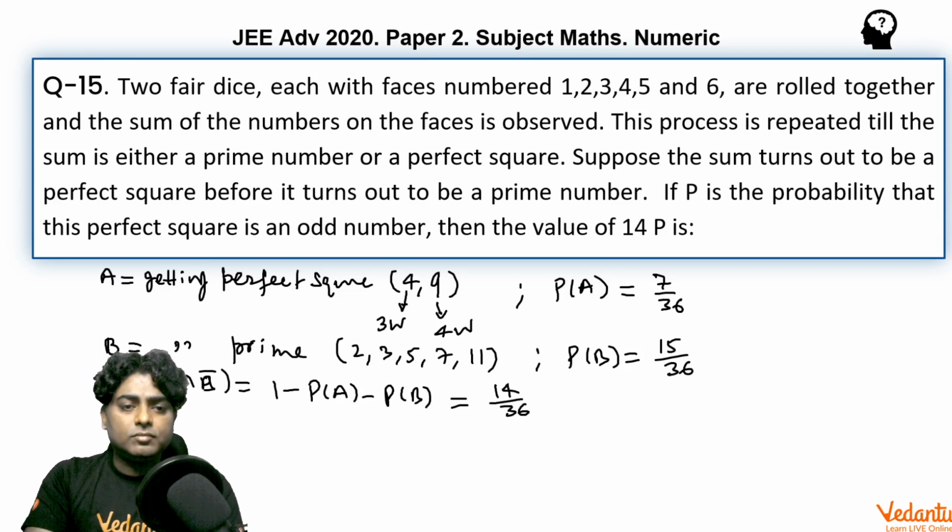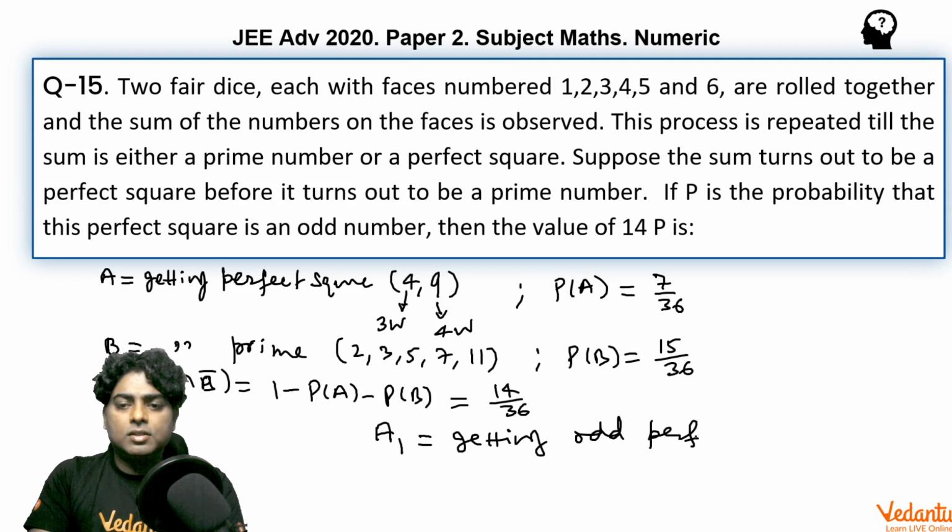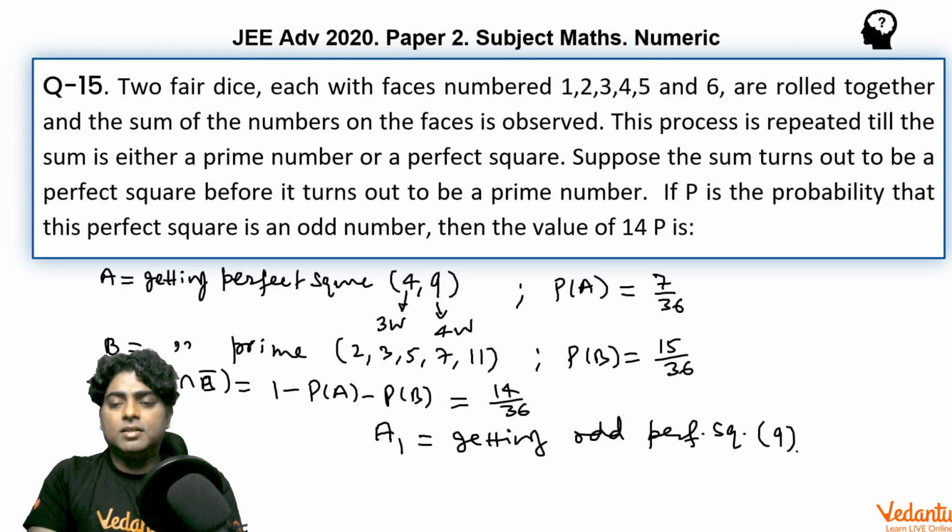Now I'm going to define one more event here, event A1. Now A1 is getting an odd perfect square, because in the last line of the question, the final capital P is representing the probability of getting an odd perfect square, and the only candidate for this is 9, and the sum can be 9 in 4 ways.